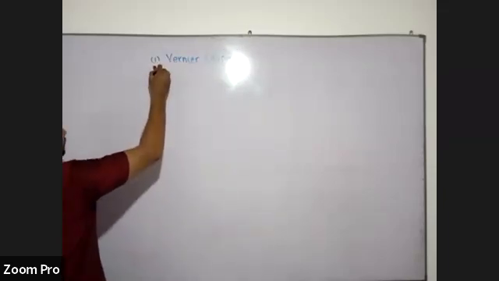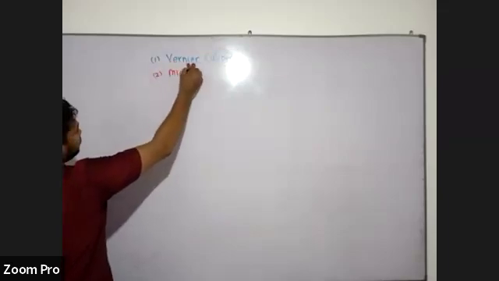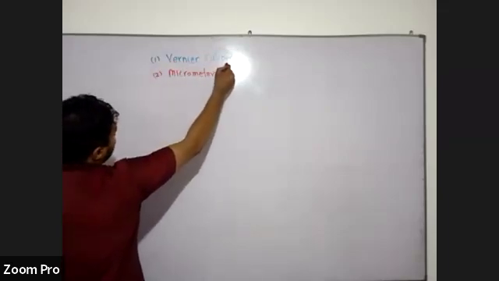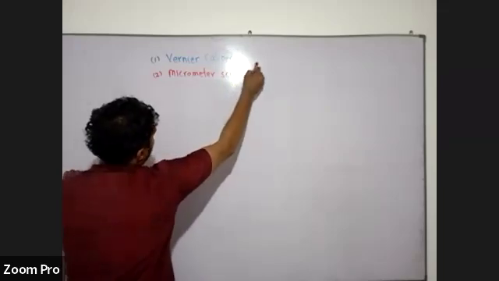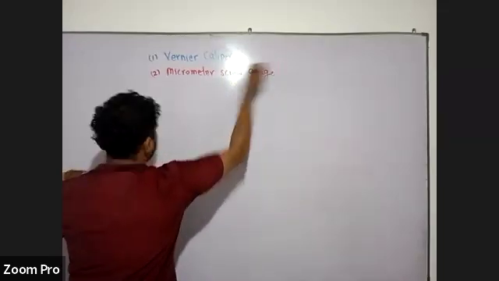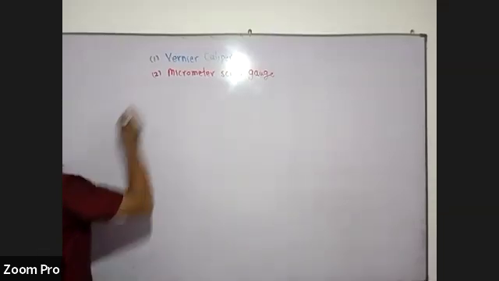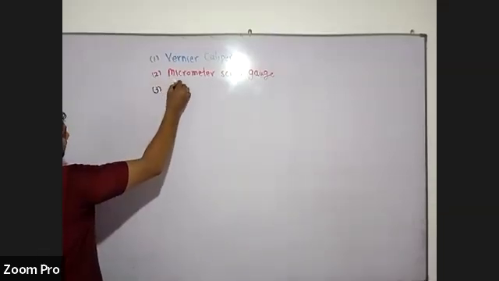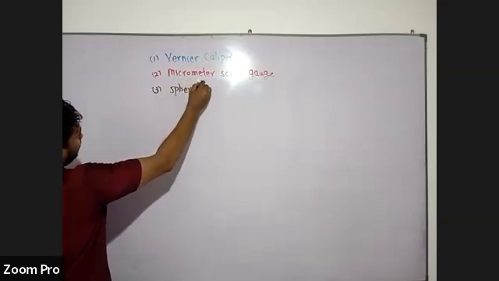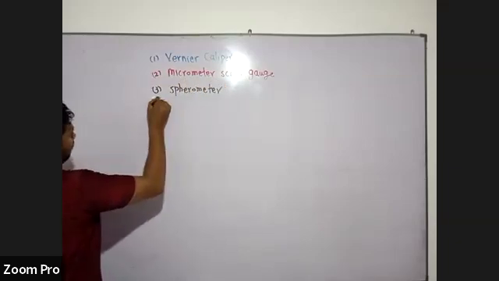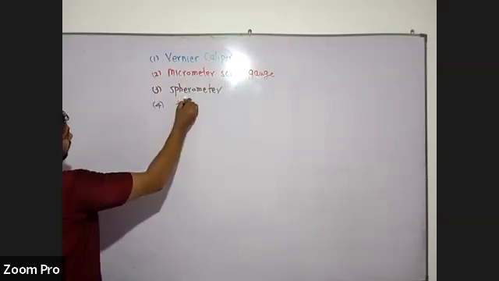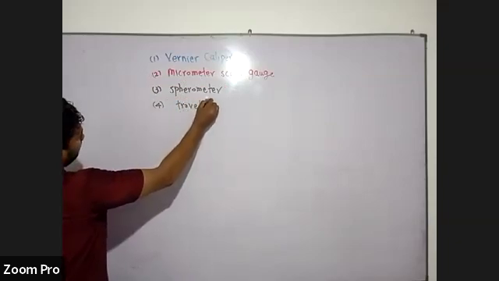Second one is micrometer screw gauge. Third one is spherometer. Fourth one is traveling microscope.